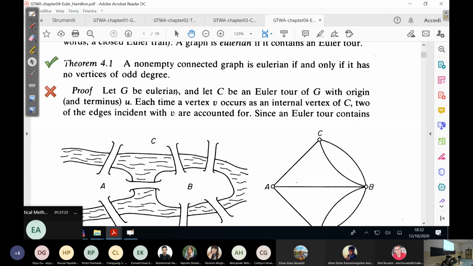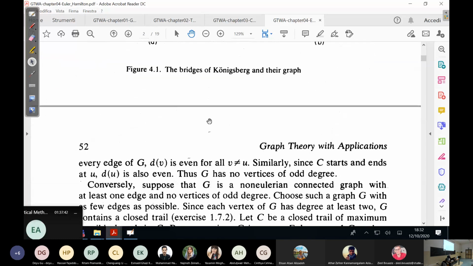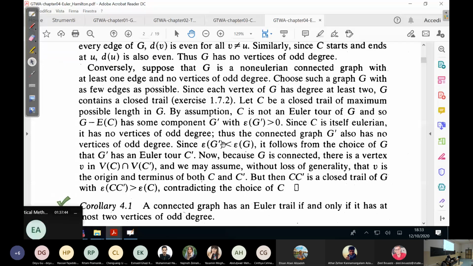So if you have an Euler tour, necessarily all vertices have even degree. The more difficult part is to say if you have even degrees, then it's possible to find an Euler tour. Okay, but I don't give the proof. If you want, you can look. It's not terrible, okay?